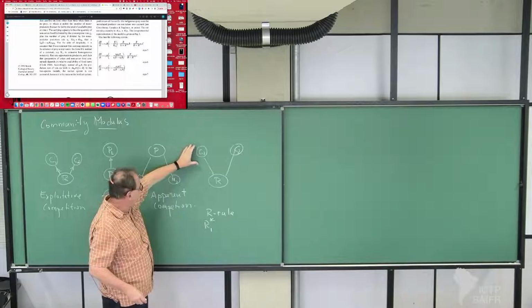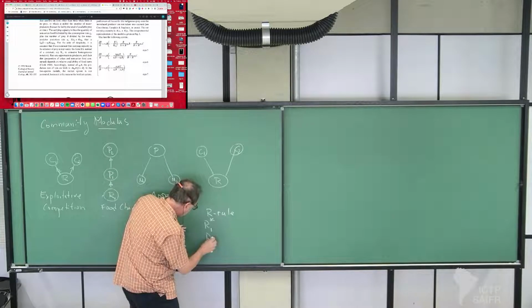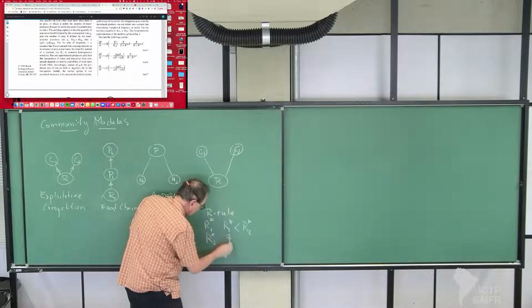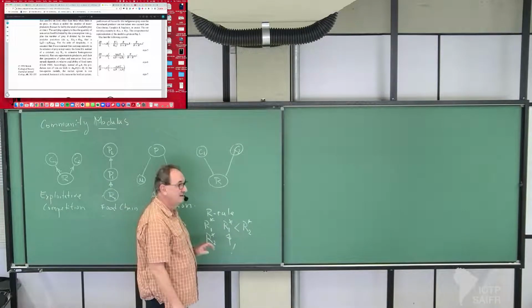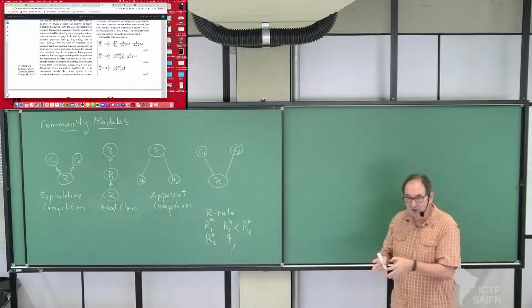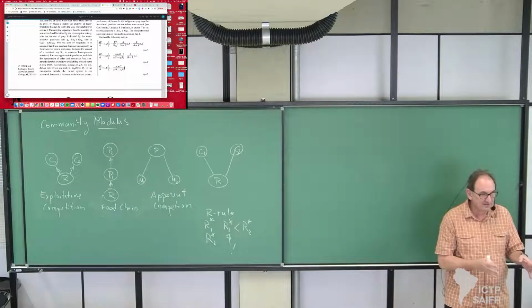Then you had the same thing for R2*, and if R1* is smaller than R2*, this one wins, because it is able to be in equilibrium with the resource at lower levels of resource. So this is the R* rule. There's always competitive exclusion.